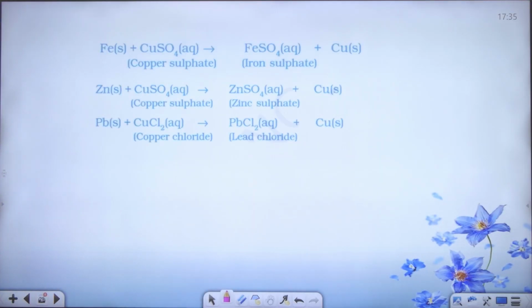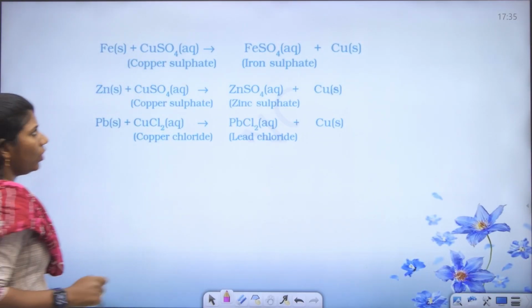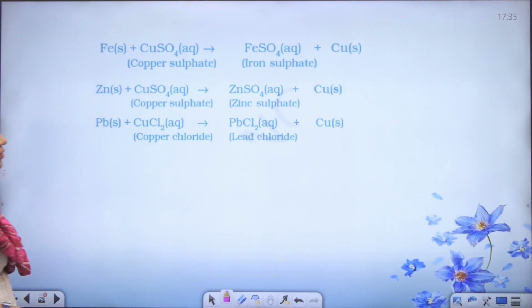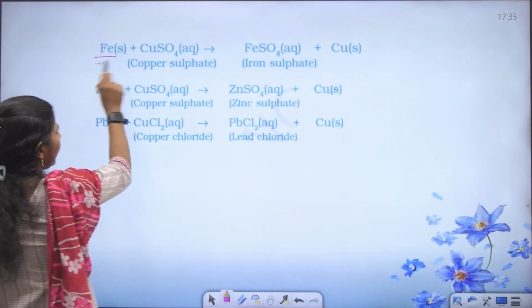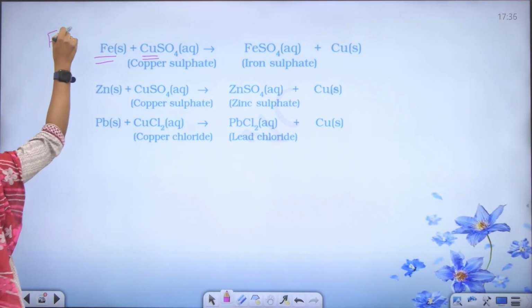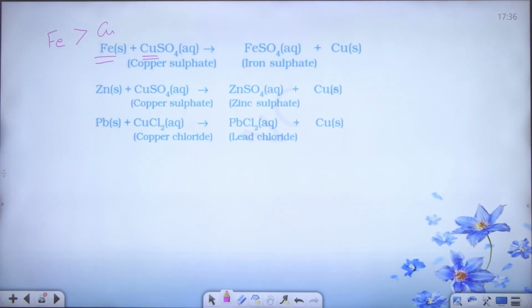See this example. Iron, Fe, reacts with copper sulfate, CuSO4, to form FeSO4 and copper, Cu. FeSO4 is ferrous sulfate or iron sulfate. Here, check the reactivity of iron and copper. Reactivity of iron is greater than reactivity of copper.